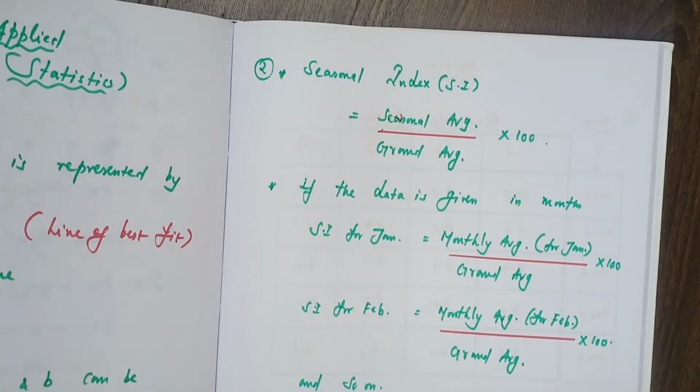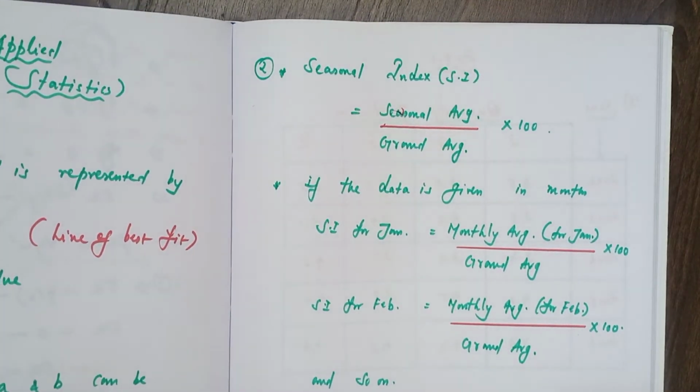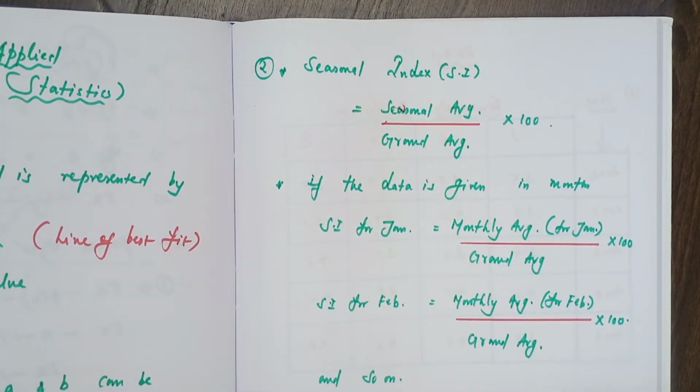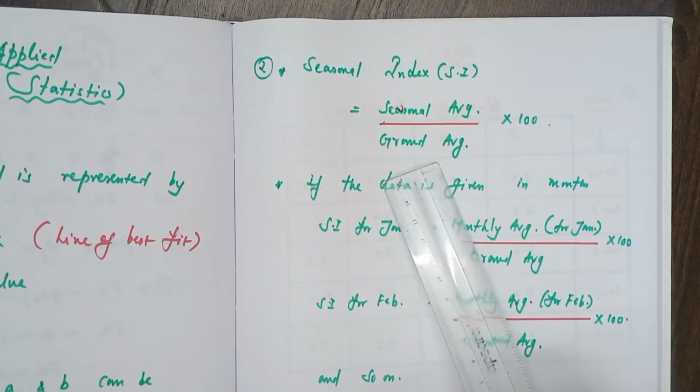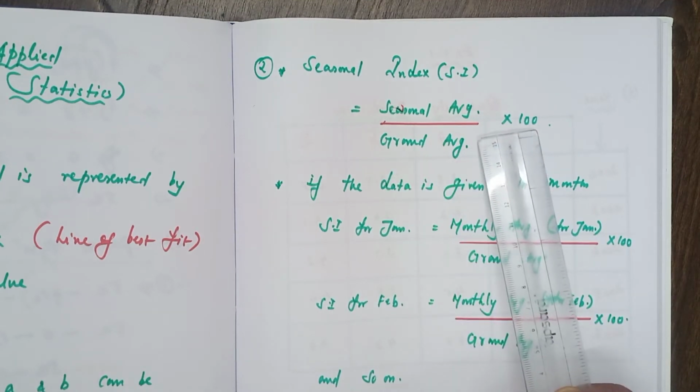Now the next formula, seasonal index, that is SI. Formula: seasonal average divided by grand average into 100.